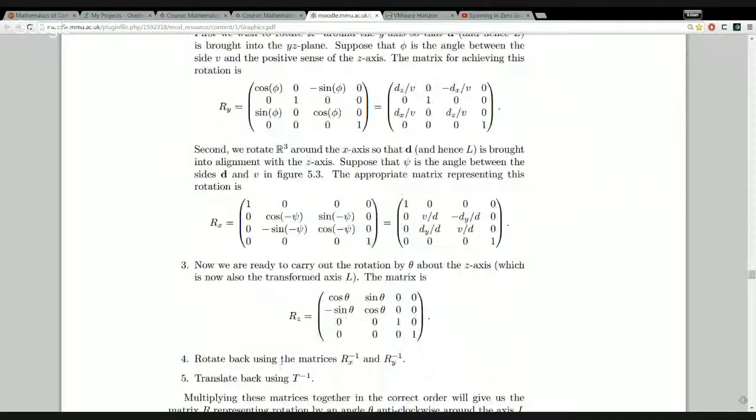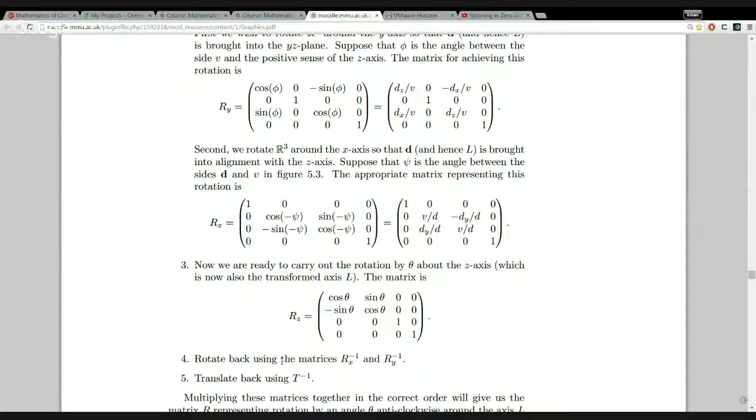And then we just need the inverse steps. We want to undo, and we translate the line so that it goes to the origin. You do your rotations here over the z-axis, so the pitch rotations here on the z-axis. You rotate by theta. Then you want to undo those all. So you want to do the inverse pitch rotation, the inverse yaw rotation, and the inverse translation.